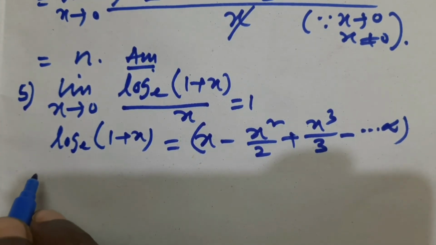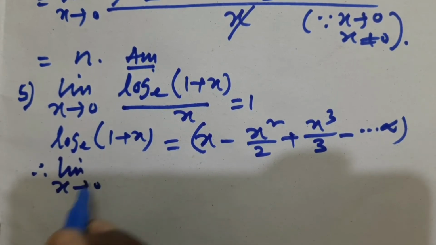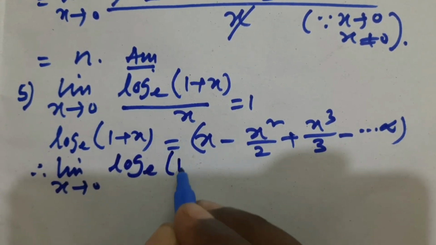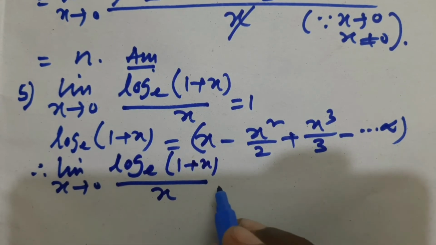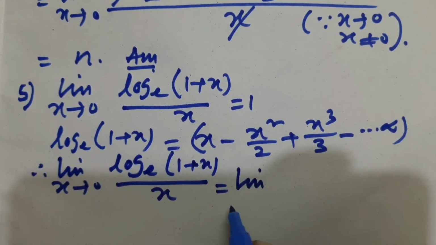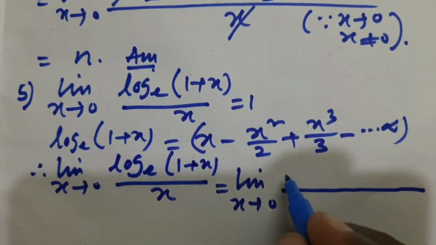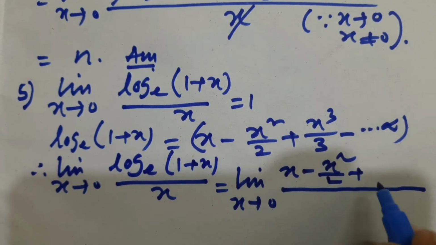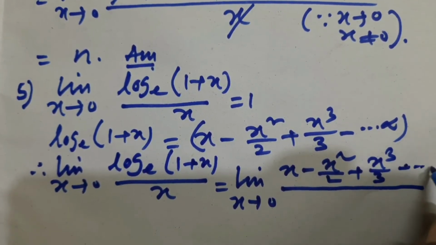Now therefore limit x tends to 0, log to the base e of (1 plus x) by x is equal to limit x tends to 0 of x minus x square by 2 plus x cube by 3, dot to infinity, by x.